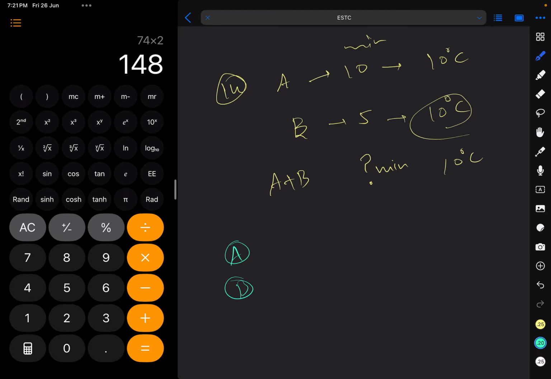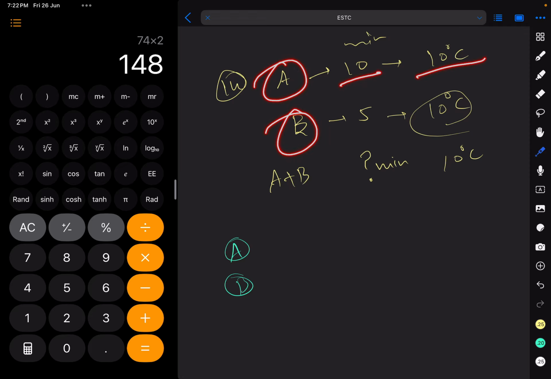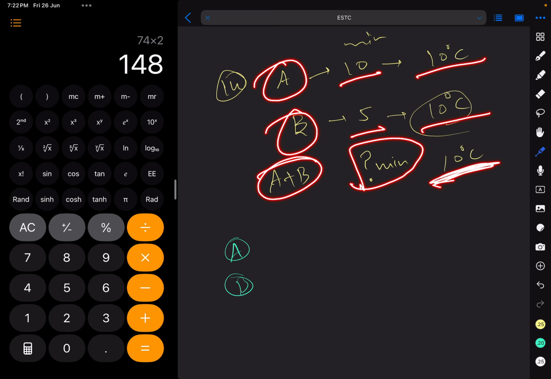Why am I saying this? Because they have given A and B. It takes 10 minutes to achieve 10 degrees Celsius, and 5 minutes to achieve 10 degrees Celsius. Together, in how many minutes do they achieve the same?